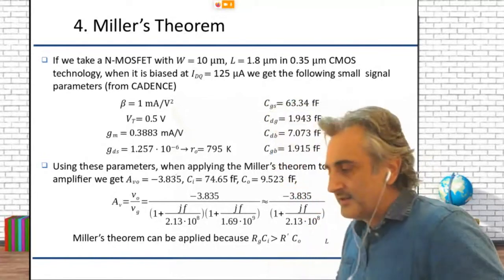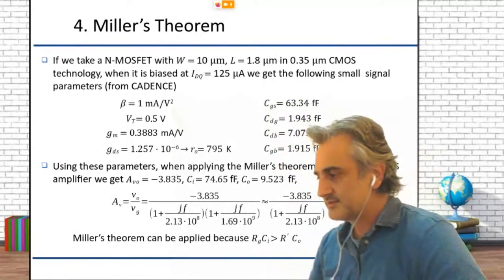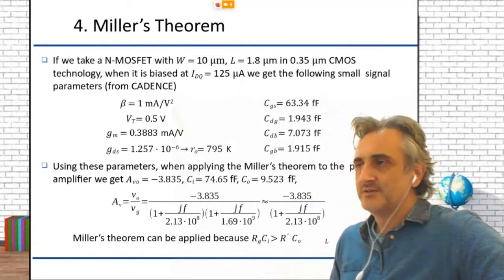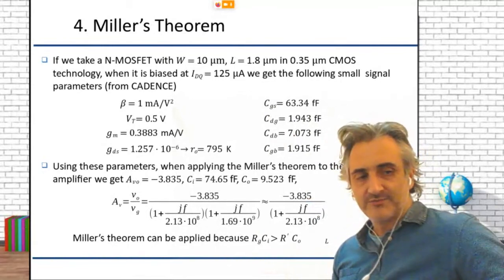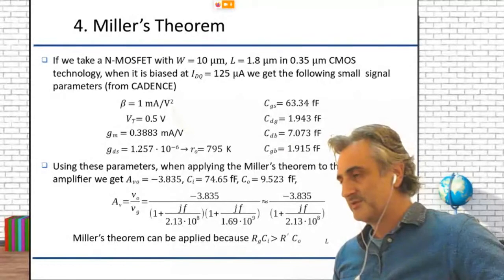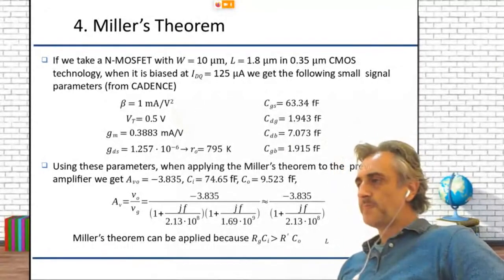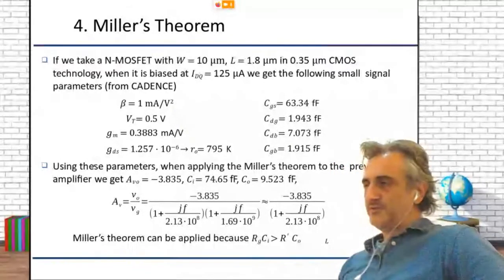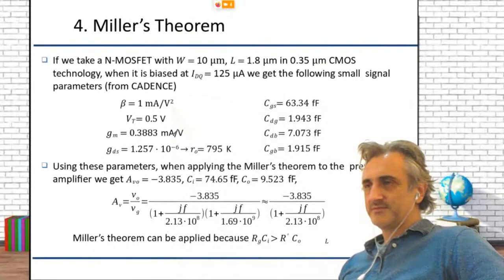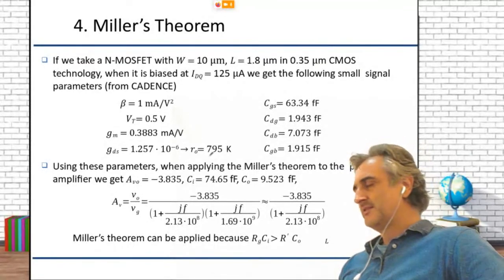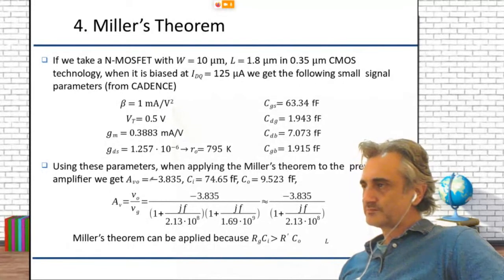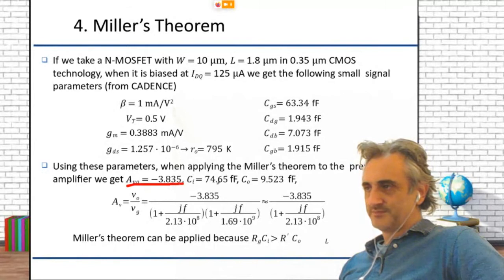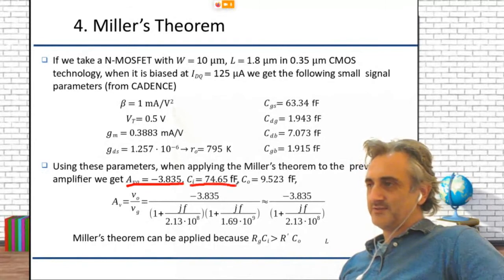Here we have only a small example, putting some values taken from a library, from a simulator program. And if you wish, you can do that at home, just replacing these values in the previous equations. We get that the gain is nearly 4, with a capacitance at the input which is nearly 75 femtofarads.